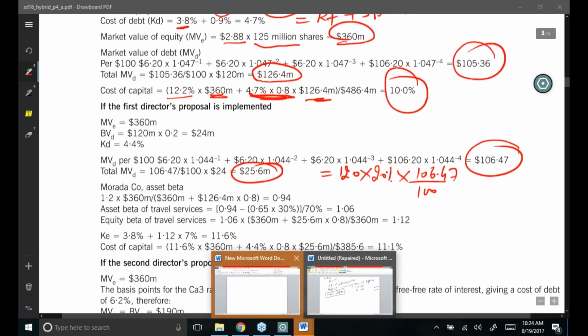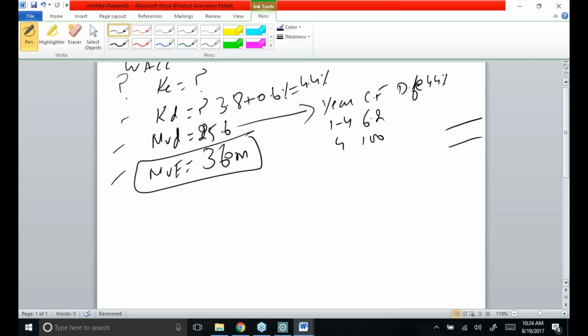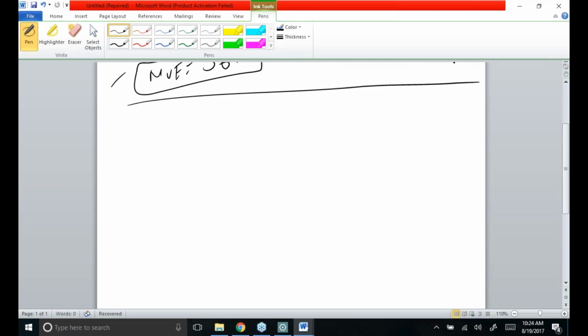So you have calculated 25.6. Okay, you have calculated equity value, debt value, KD value. Now it's time to calculate cost of equity. The first step: the company overall trades in maintenance and travel business.